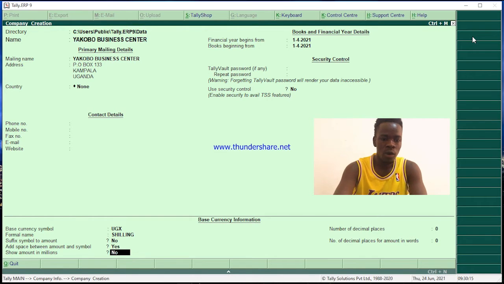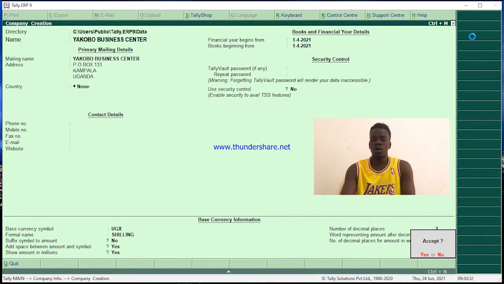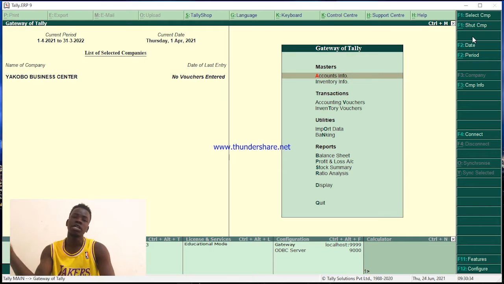Amount in millions, yes. So we go to decimal places. We're going to put 2. The word representing amount after decimal is cent. Number of decimal places, we say 2. And we are done creating our company.